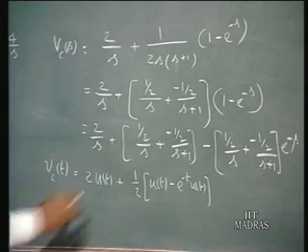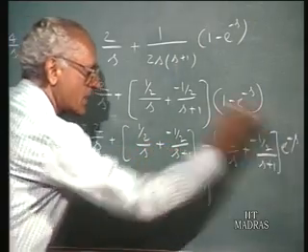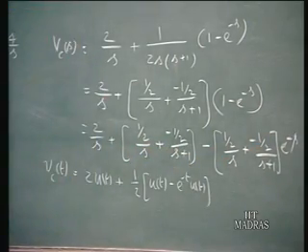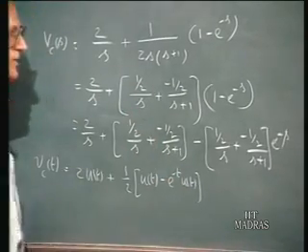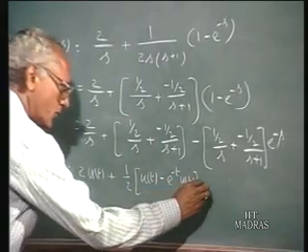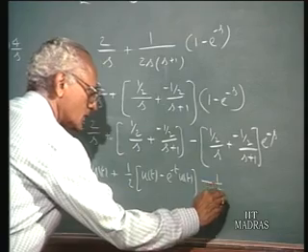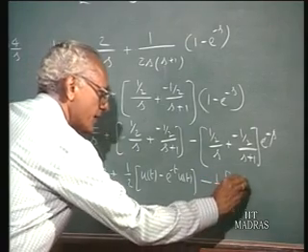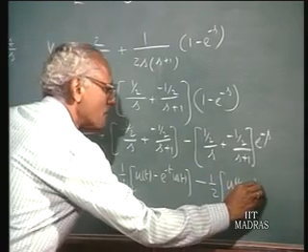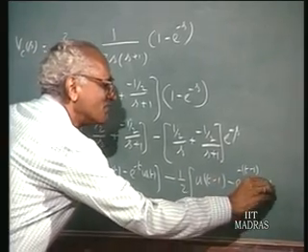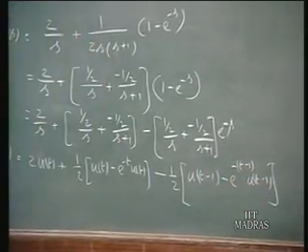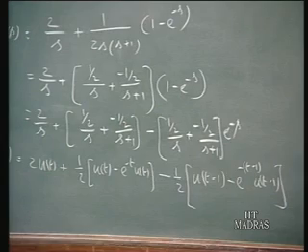You observe that this is the same as this, except it's multiplied by e^(−s), which means whatever time function we have here is delayed by 1 second. That's all it means. Therefore, this is minus half of u(t−1) minus e^(−(t−1))u(t−1). So that is what it would be.